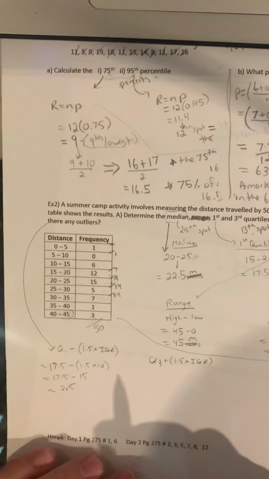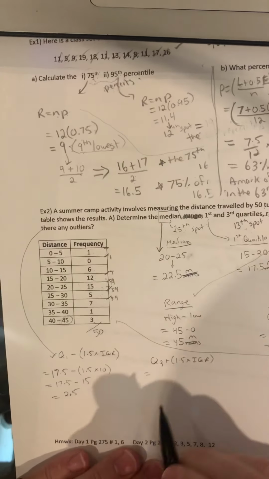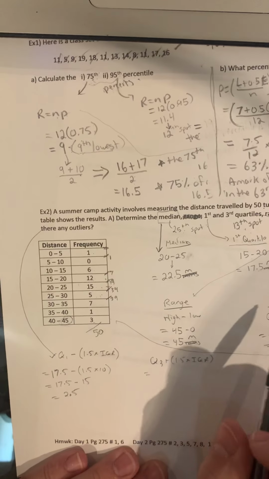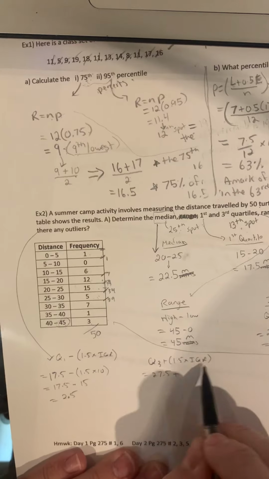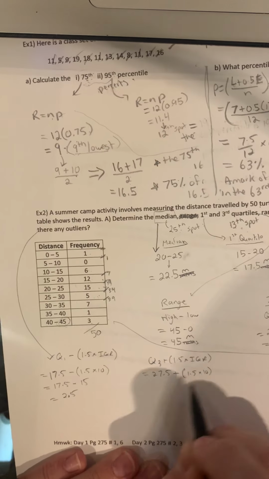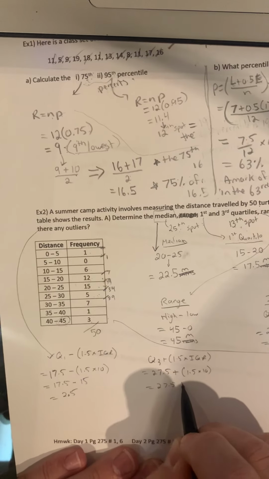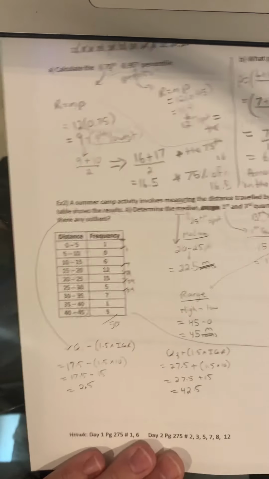I'll go to the next one, and I'll explain if we have any outliers or not. Our Q3 is 27.5 plus 1.5 times 10. So 27.5 plus 15 gives us 42.5.